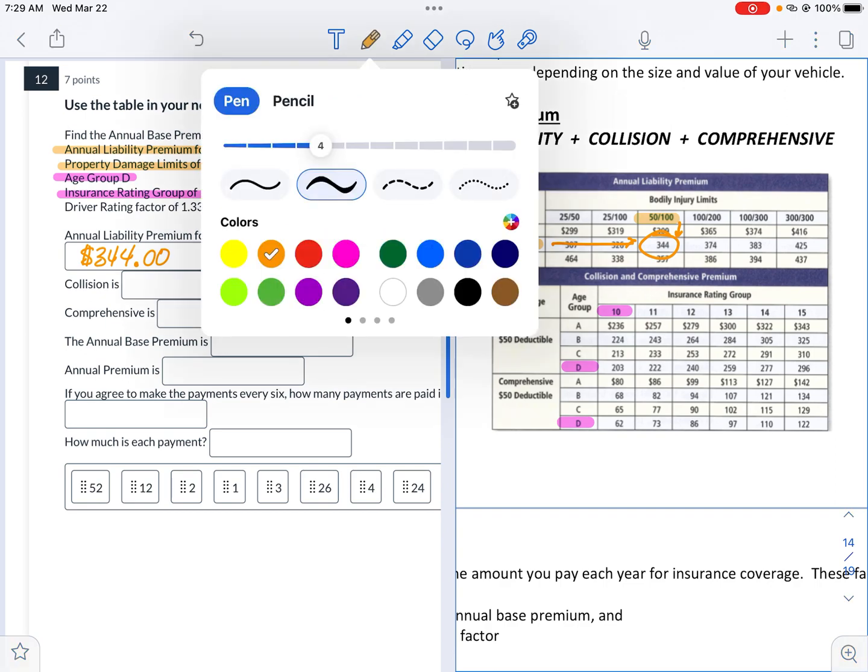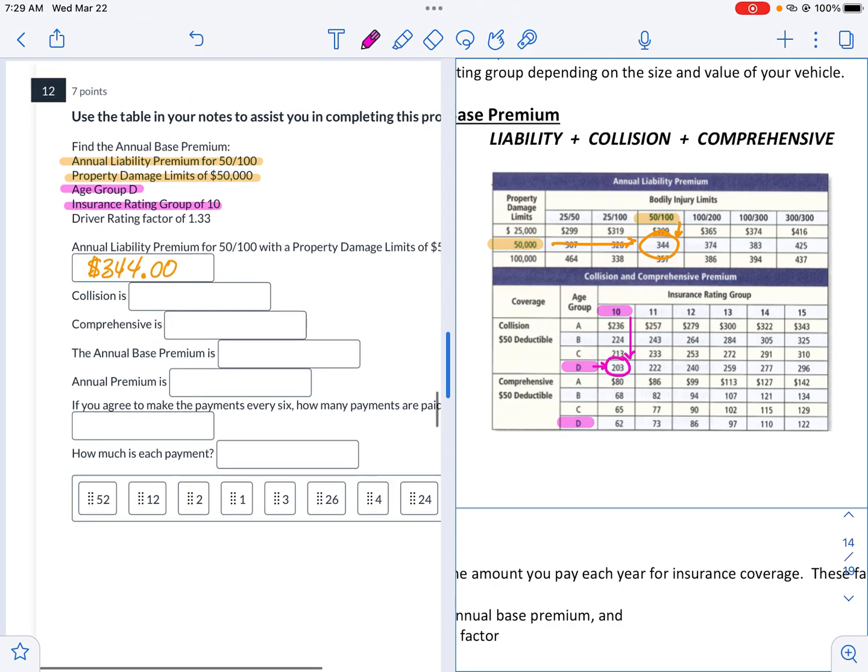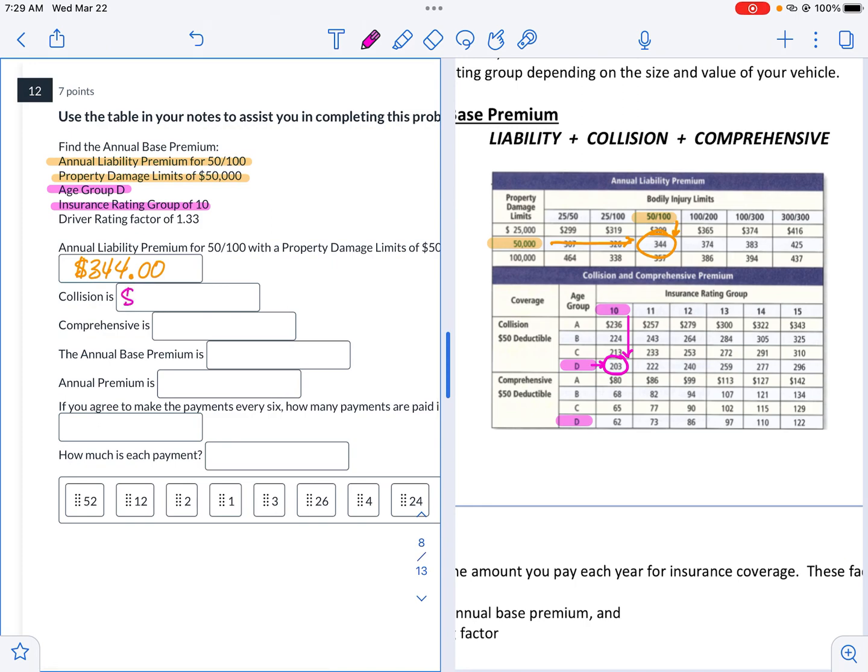So we are going to move down group 10 and across D to find their intersection. Their intersection for collision is 203. So right here we're going to put 203.